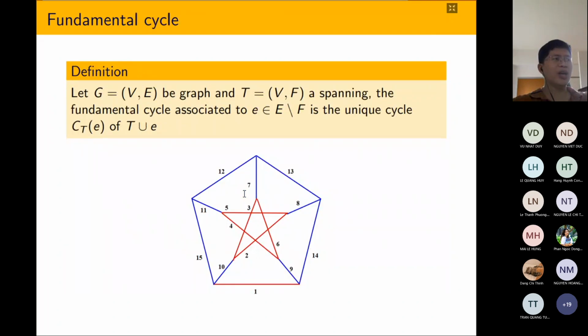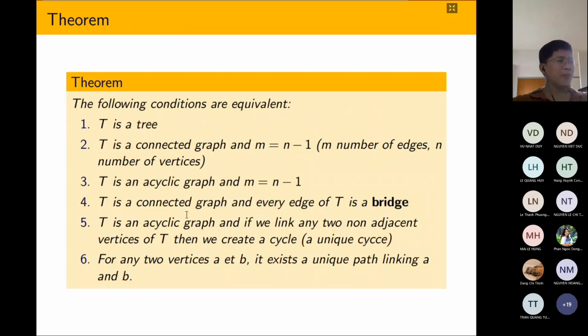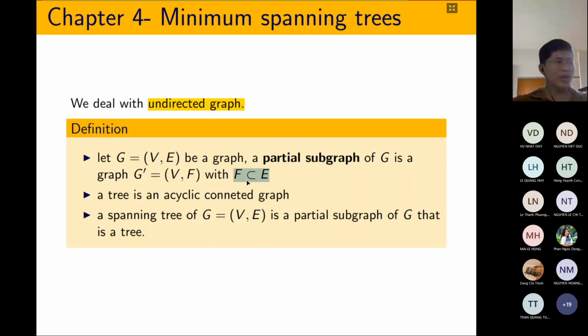Okay, and here we say the spanning tree is a connected graph, means that every node is linked together. Okay, and we want to find the minimum. The minimum is the smallest set of edges so that we can link all of the nodes together.